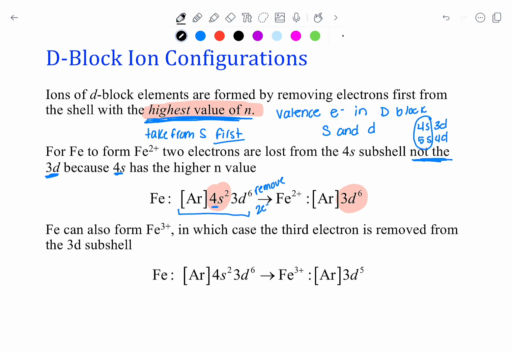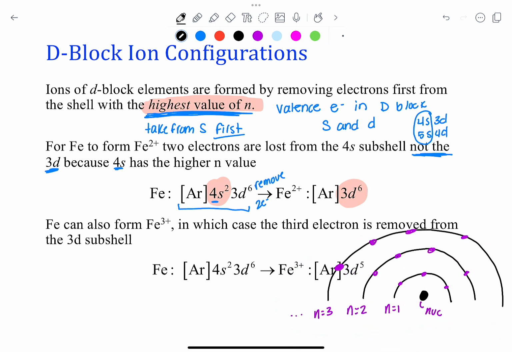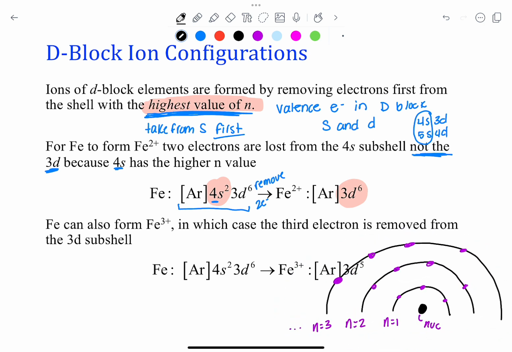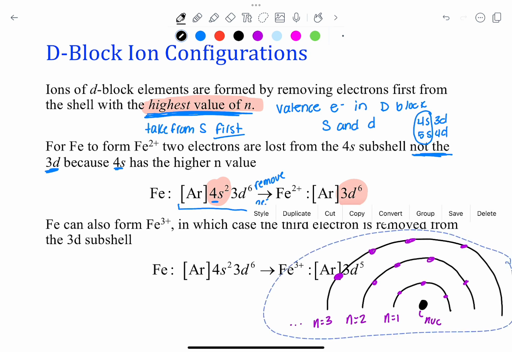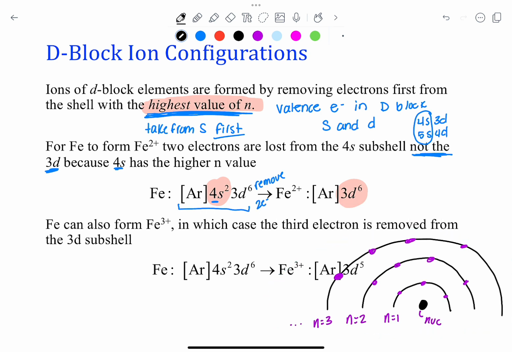Another way to think about this is, if we think about our atom here, I'm going to add another layer to this image. Here's n equals 4.